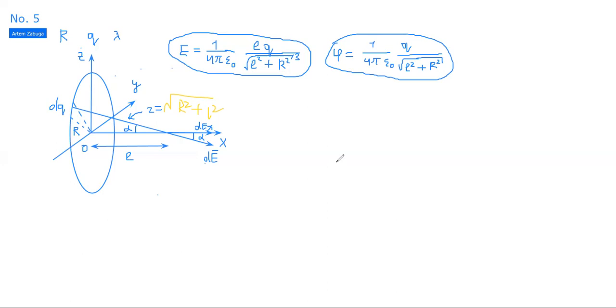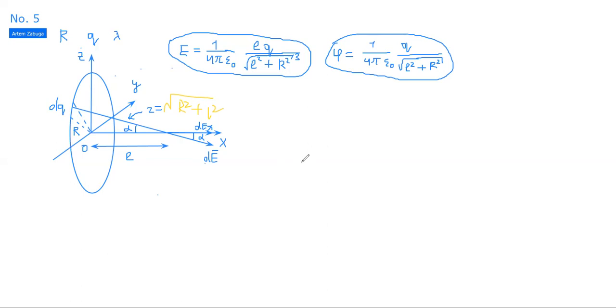So we have to find the force of the interaction between thread and ring. Thread has one end in the center of the ring, and the second end is very far from the ring, and the thread is placed on x-axis.